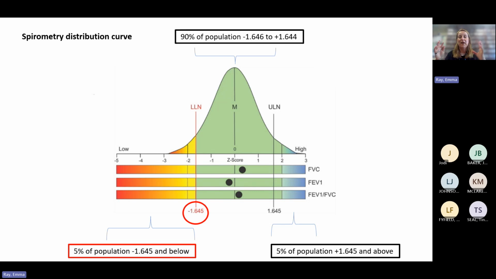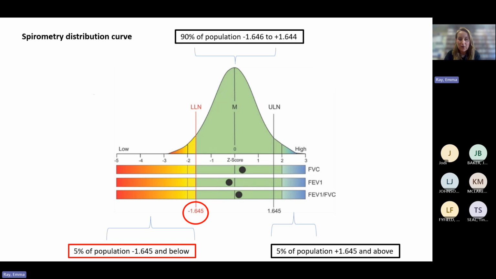From that group of 100 patients who were the same height, age and gender, you've got people who've got lung function higher than normal. So 5% will have lung function higher than the upper limit of normal. On the other end of the scale, we've got people who have lung function lower than the lower limit of normal.